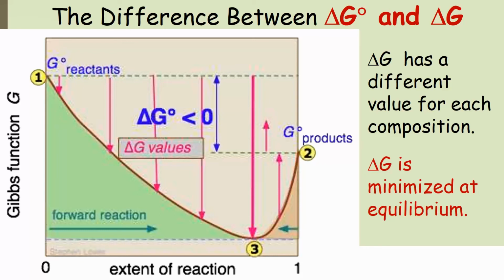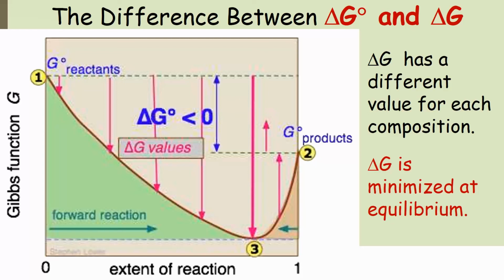As you see in the reaction, we have a graph. On the left side we have the Gibbs function G, and on the lower axis, 0 to 1, we have the extent of reaction. The reaction is a forward reaction. Initially we get the maximum Gibbs function value at the reactants, and the values keep decreasing.